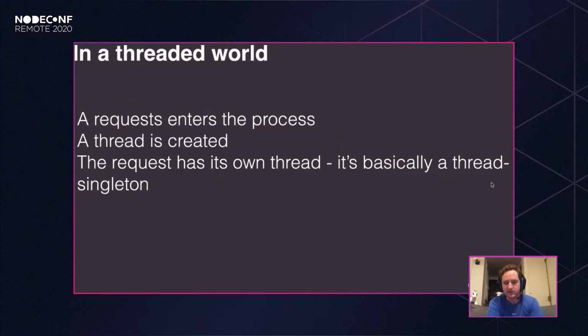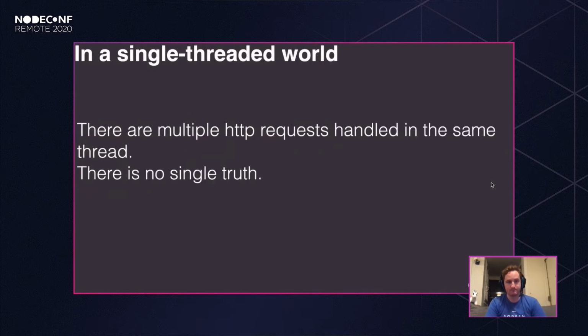So for instance, in a Java Spring application, if you don't go with asynchronous methods, at any time you can just say, hey, I'm in a thread, what is my current HTTP request? They can do error handling, and they can do logging, and that's basically a big bind function that is bound to the thread. In a single threaded world, there are multiple HTTP requests handled in the same thread.